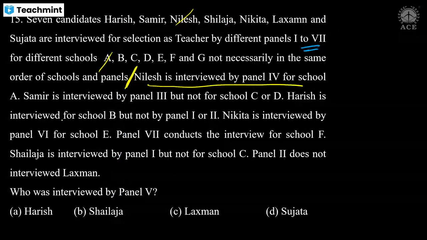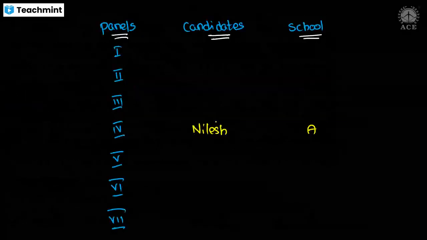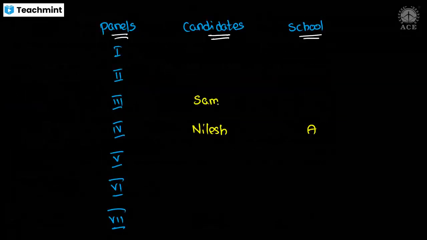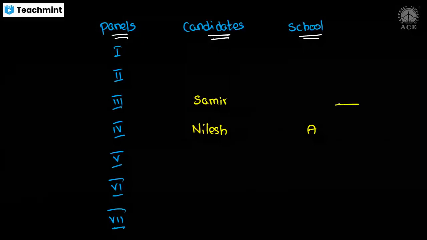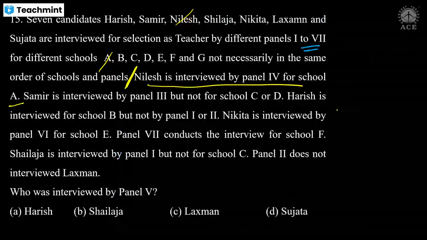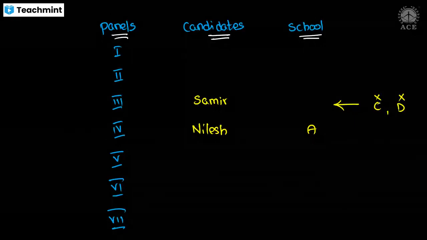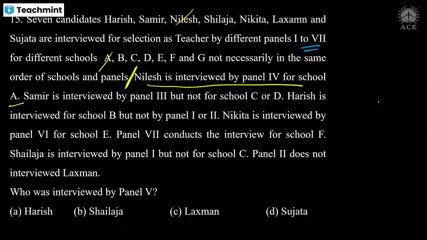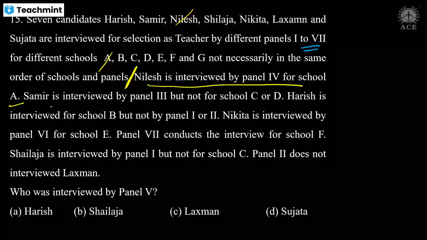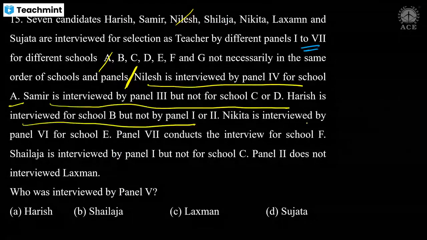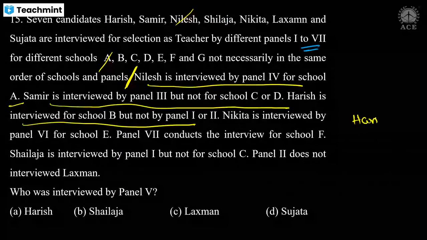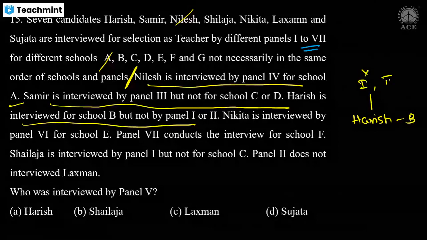Samir is interviewed by panel 3, but Samir is not from school C. Which school, we'll see later. Right now, we don't have info. Harish is interviewed for school B, but not by panel 1 or panel 2.